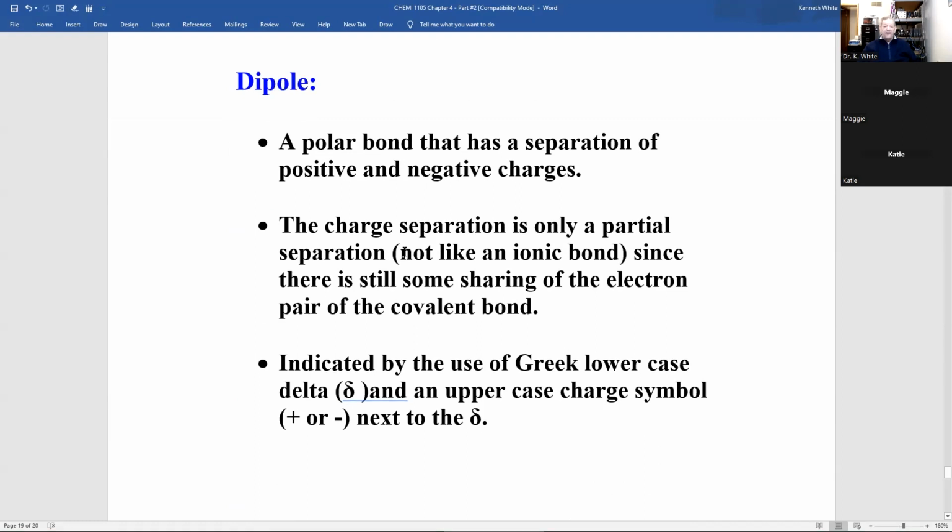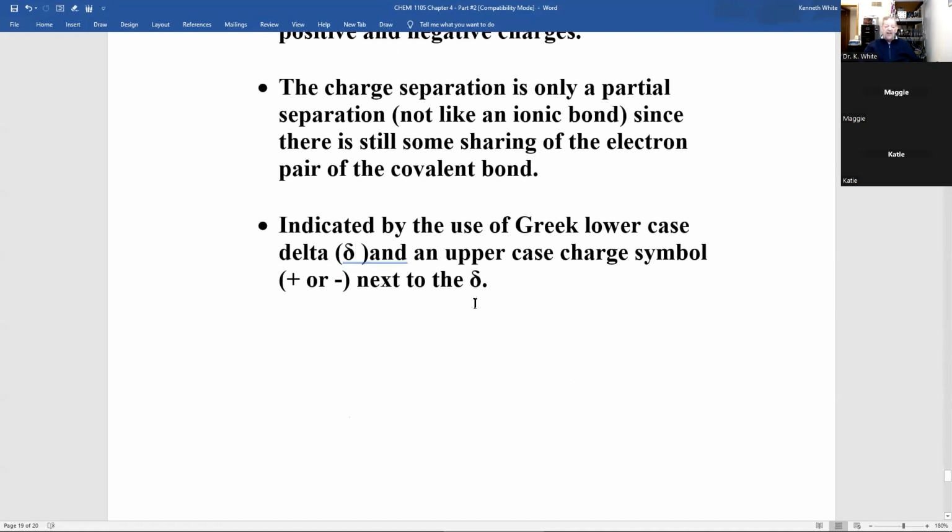It's not really an ionic bond, since there's some sharing of the electron pairs of the covalent bond. Since it's only a small separation, we use the Greek lowercase delta and the charge symbol plus or minus next to the delta to show that.